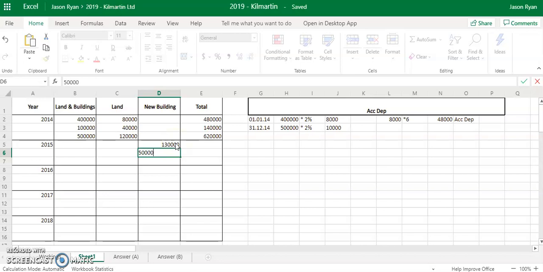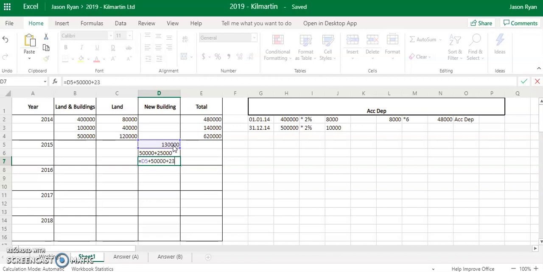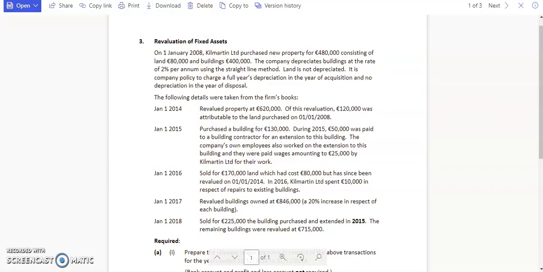So 500 plus 25,000. That's going to increase the value of our new building. So it's a new building, so you can add these back on. So 130 plus 500 plus 50 plus 25. So the total value of our new building is 205. Nothing else happened in that year.